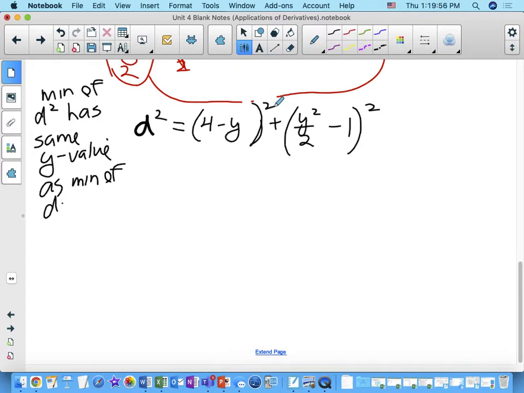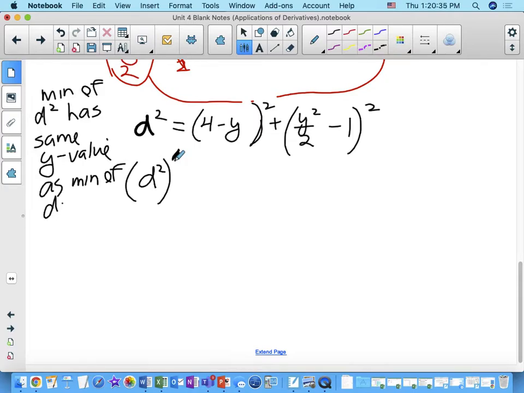To find this value of y, I can treat this as a variable and just take the derivative of that. We don't have to isolate it, because we're not actually after the derivative of d. What we care about is the y value that minimizes the distance, and minimizing the distance is the same as minimizing the square of the distance.